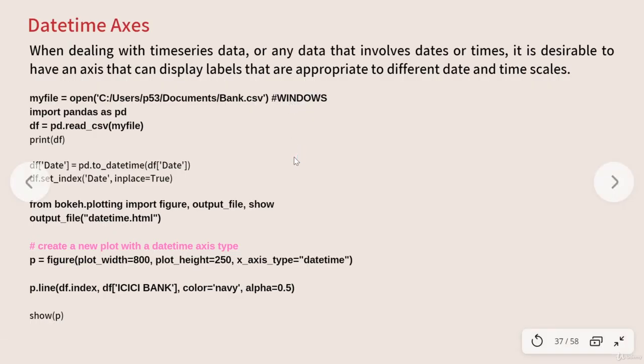The next that we can do is the date time axis. Now, when you're dealing with time series data, which we have done earlier as well when I was explaining the matplotlib functionality, it is important that a date time axis should be taken, because you want dates or times on one side of the axis.